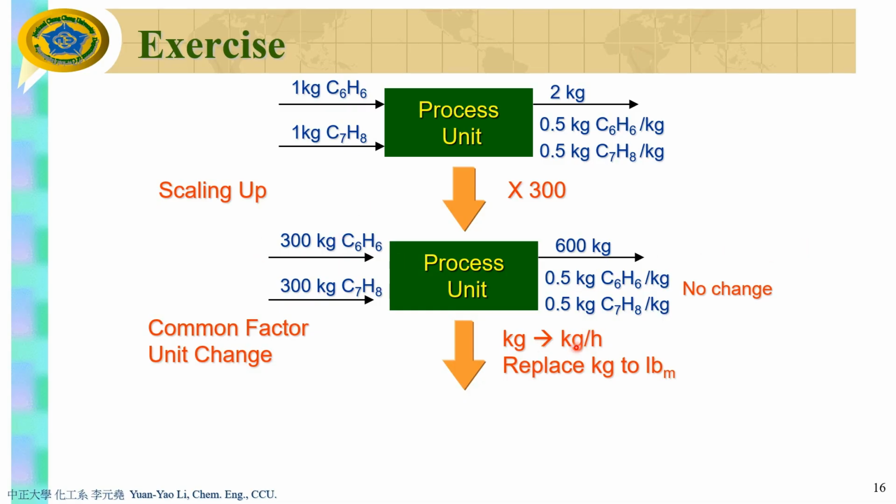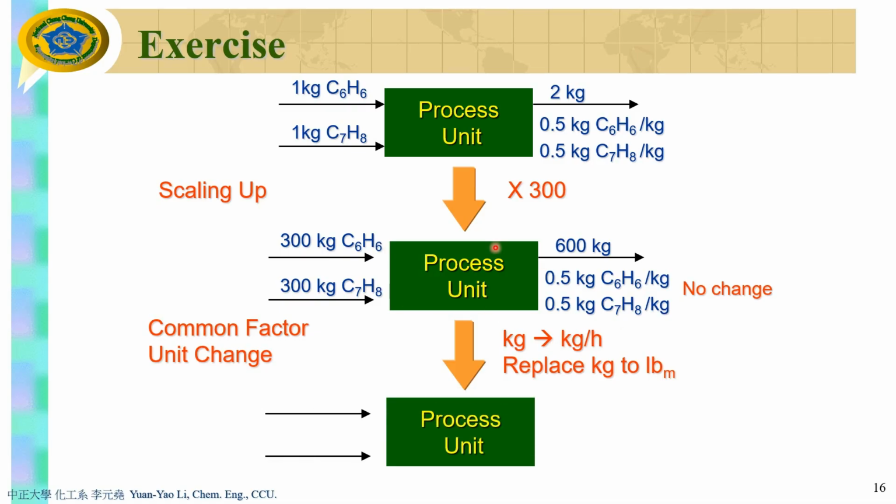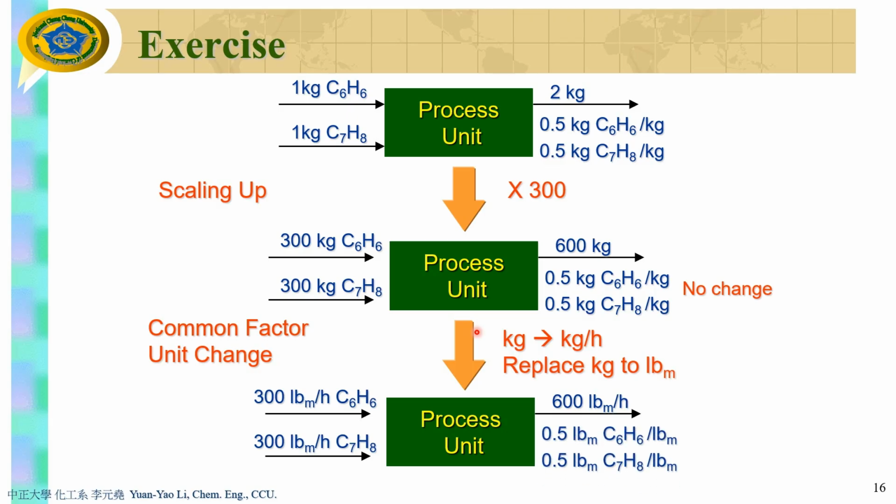Yes, we can. We can give common factors like hours, like times. So it becomes, from a batch process, a continuous process. Or you can change from kilogram to pound mass, right?